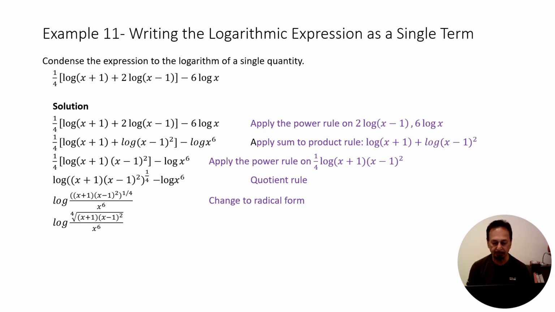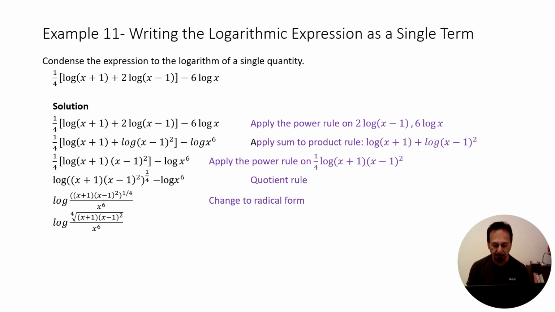The power rule says you move the coefficient and make it an exponent of the argument. So this becomes log of x minus 1 squared and this becomes log of x to the 6. Everything else you just copy: 1 over 4, bracket, log of x plus 1 plus log of x minus 1 squared, minus log of x to the power 6.